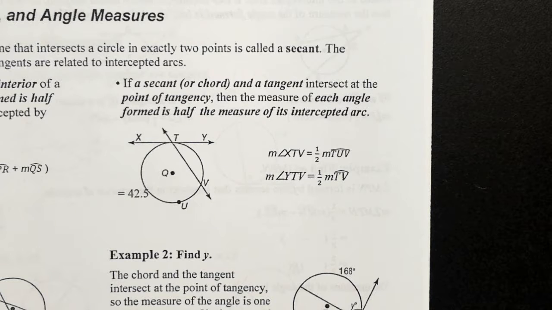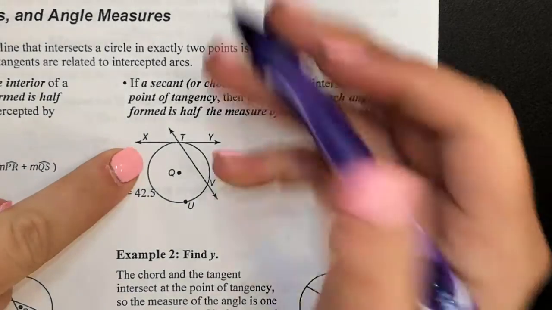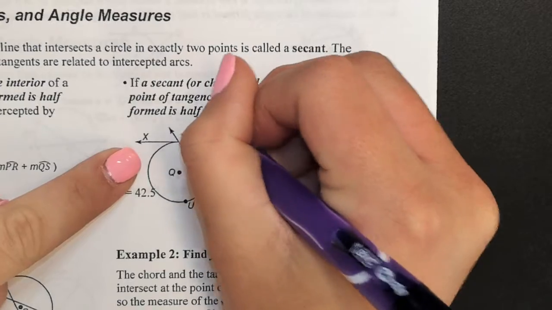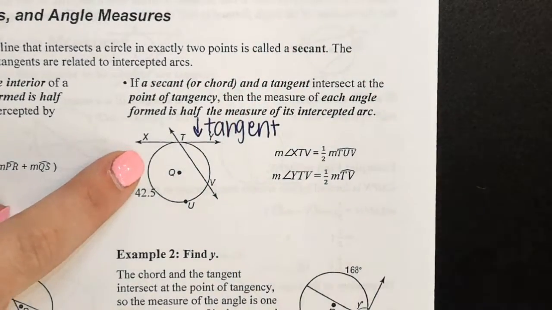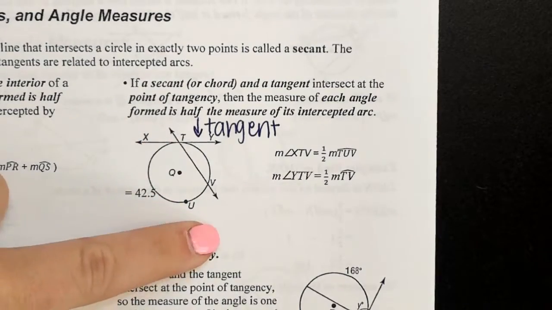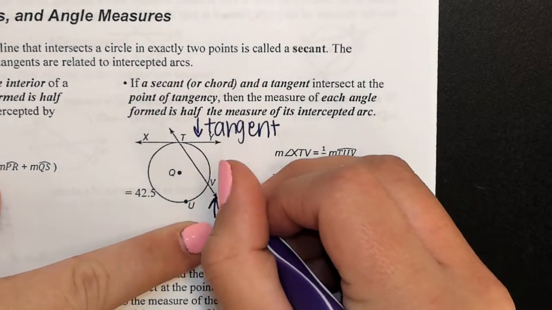Tangent is the outside line. So this right here, that's a tangent line. And the one that goes through the middle, that's a secant line.